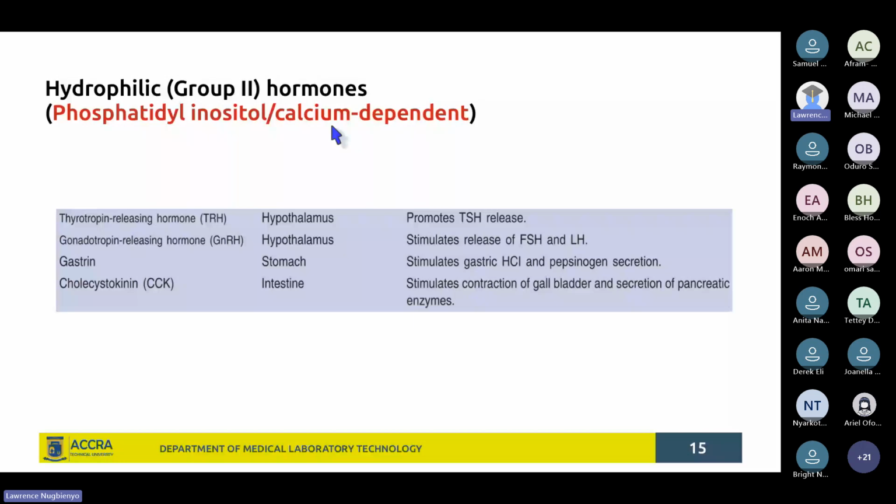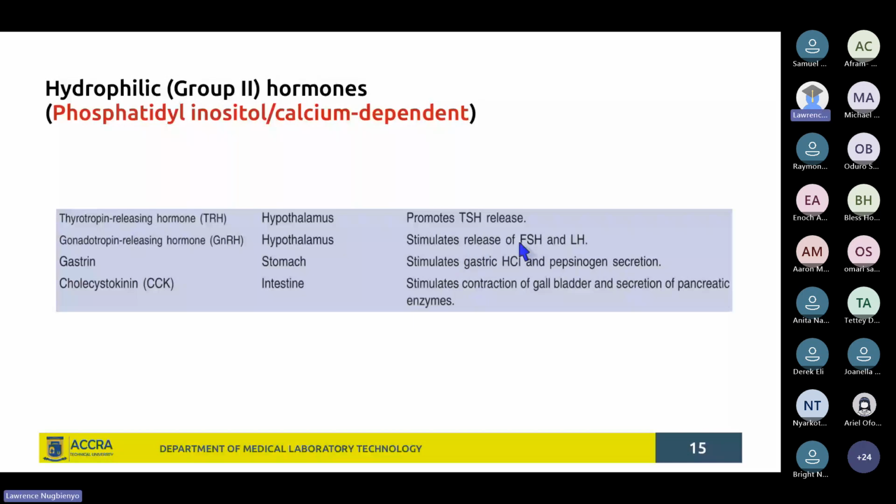The examples you see here are thyrotropin releasing hormone, secreted by the hypothalamus, and that is to promote the secretion of thyroid stimulating hormone. You have the gonadotropin releasing hormone, also secreted by the hypothalamus in the brain, and that also stimulates the secretion of follicle-stimulating hormone and luteinizing hormone.